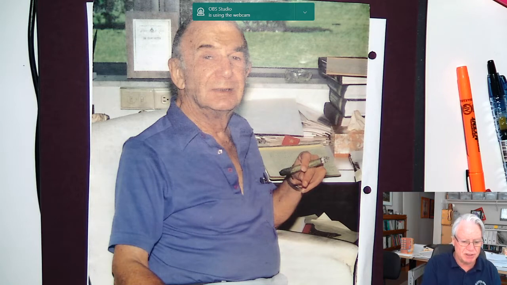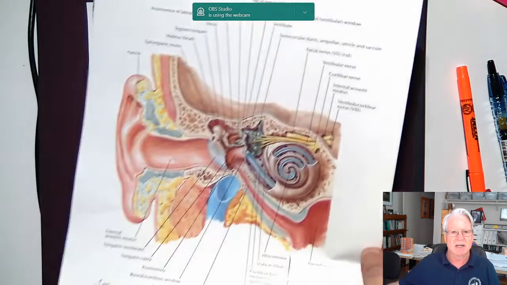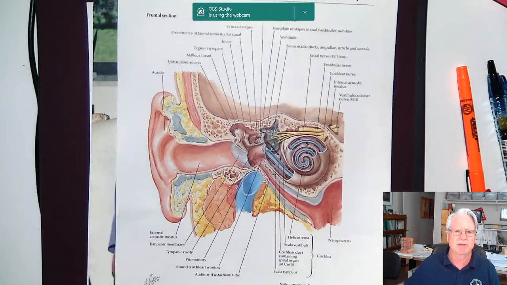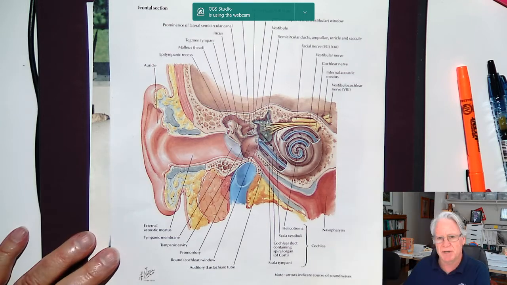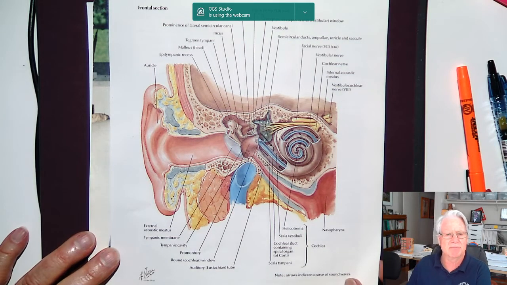In fact, why don't I just go ahead and show you a typical example of his artwork. This is a picture, obviously, of the ear and the structure of the ear, including the outer, the middle, and the inner ear. You can see very detailed, very accurate drawings, and just a wonderful resource if you're looking for something to supplement your education as you go forward.